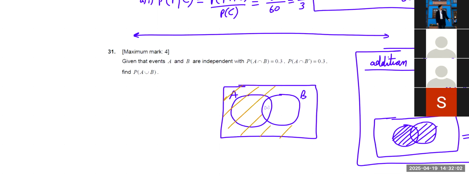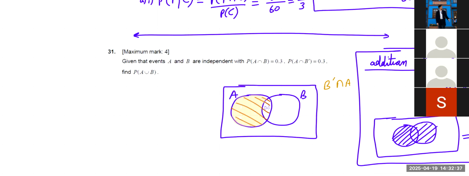This orange stuff I've drawn, this is just not B. But we want A's commonality with not B, not just not B. We want what is common between not B and A, basically. Now, what is A? A is this. So the common part between those two is just this. You see what I mean now? That's the common stuff between not B and A.